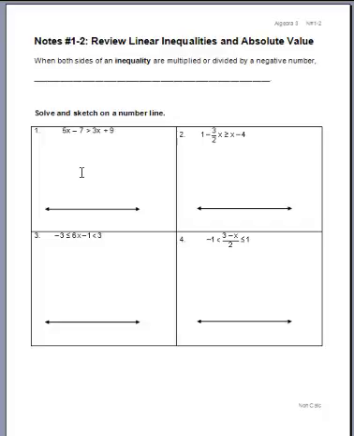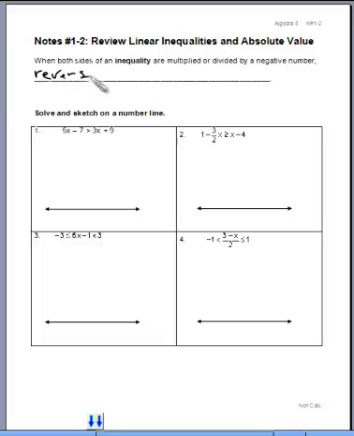Now, when both sides of an inequality are multiplied or divided by a negative number, you have to remember that you have to reverse the direction of the inequality, or of the symbol of the inequality.